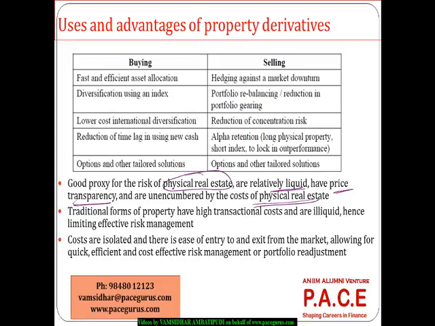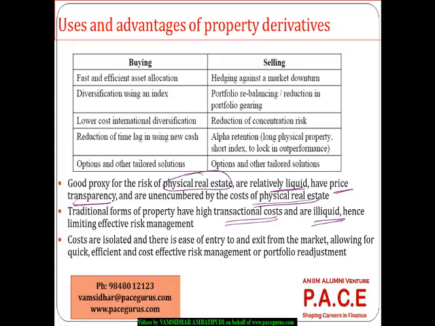Then, if I am going with the traditional forms of property, transactional costs are much higher, brokerage costs are much higher, illiquid, I can't sell it whenever I want, and probably the risk management is the poorest in them. But on the other hand, when I am using property derivatives, things are much better.